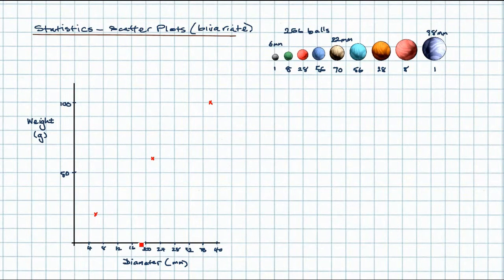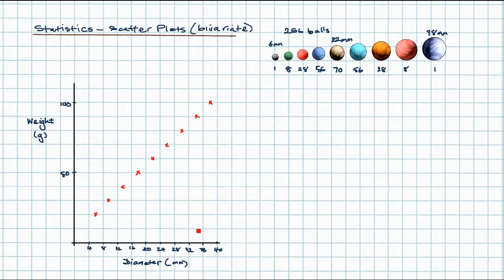My 18 millimeter ball is going to be at 50 grams, and so is my, well, no, at 60 grams is going to be my 26 millimeter ball, so I'm going to plot that here. And then I've got a 14 millimeter ball, should be here, here, here, and here.